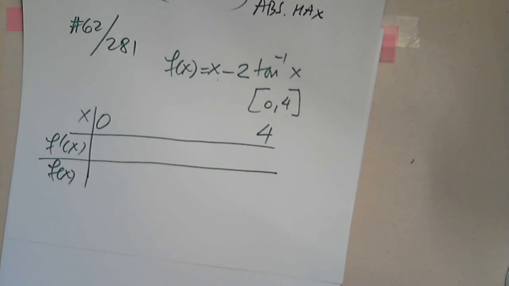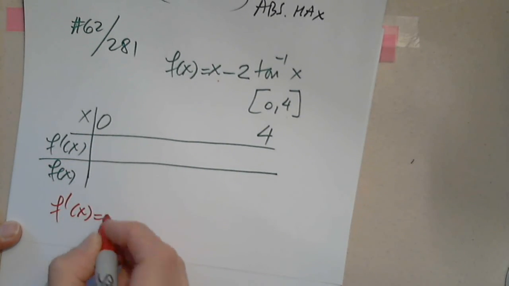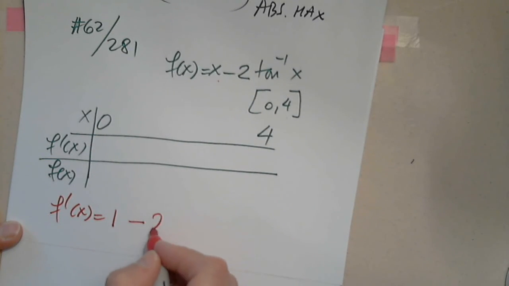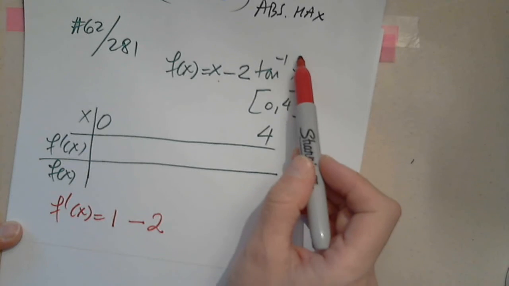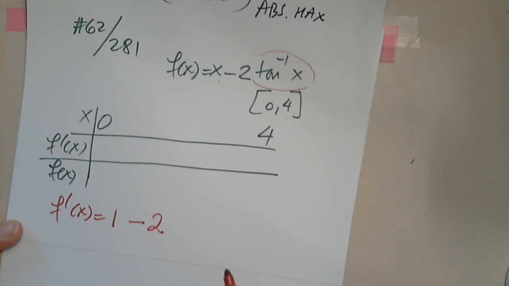Okay, so the first step we need to perform is find the derivative of this function. So f prime, the derivative of x is 1, minus 2. And does anyone remember the derivative of arctangent?